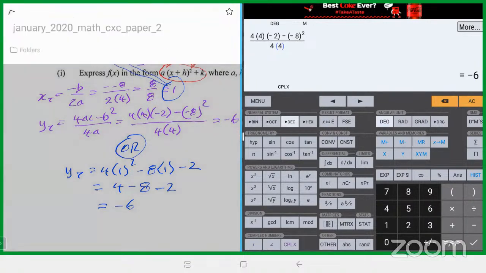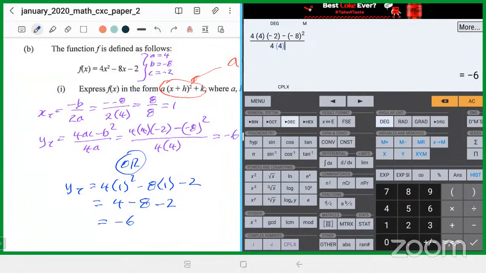Generally speaking, if xt is a fraction value, we use the formula to find yt. If xt is a whole number value as it is now, it might be easier to just use the function to work it out. Understand what I've said?